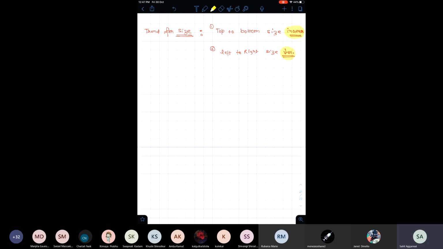Top to bottom size increases, left to right size decreases.